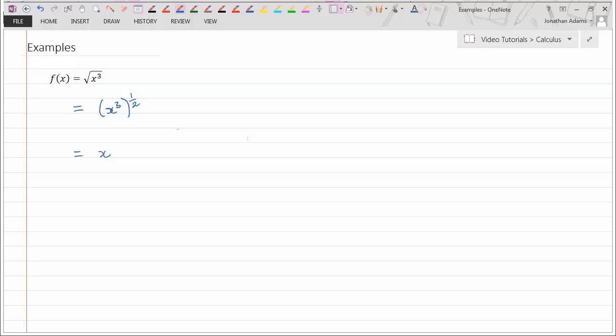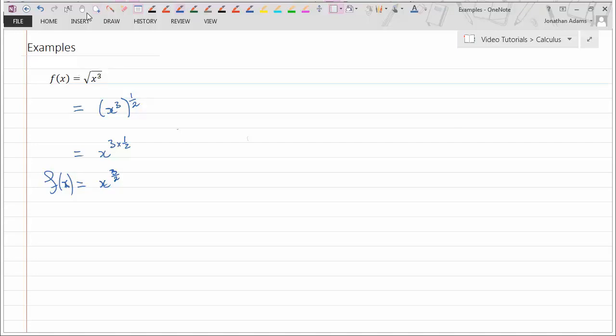So x cubed all to the power of 1/2 is the same as x to the power of 3 times 1/2. I'm going to leave this as an improper fraction because it's usually the way that we like to write things in maths. So this is that function in index form rather than with square roots in it.